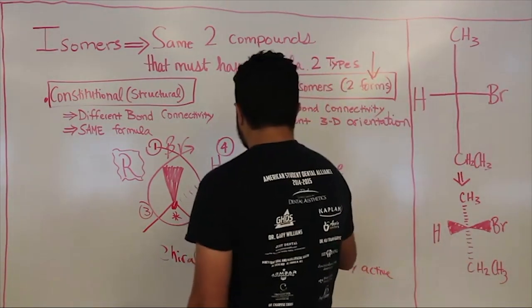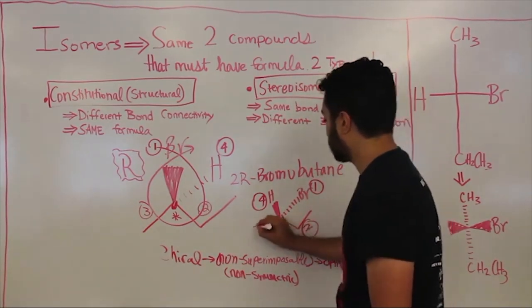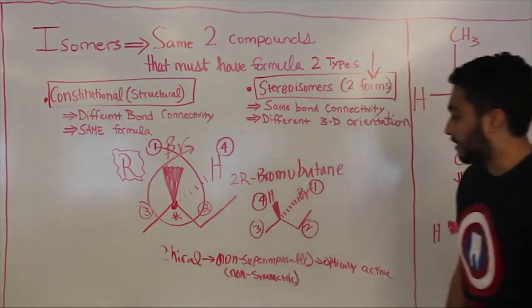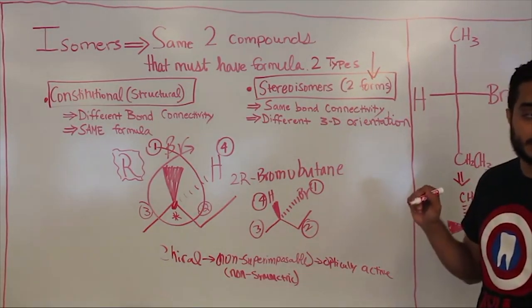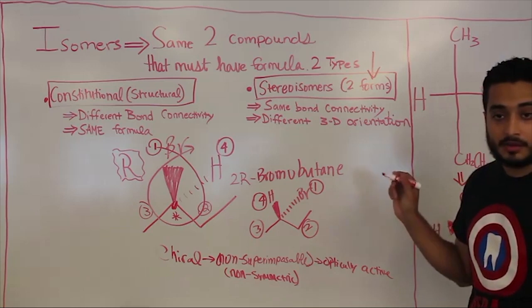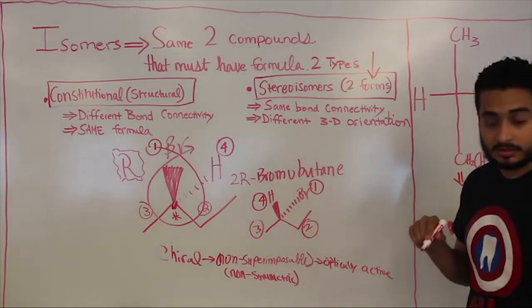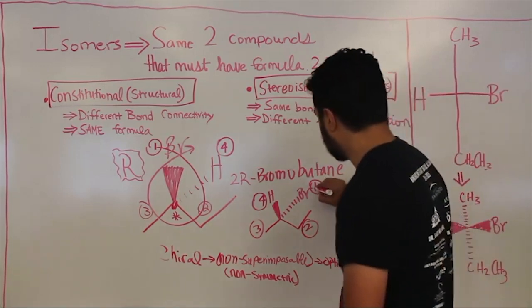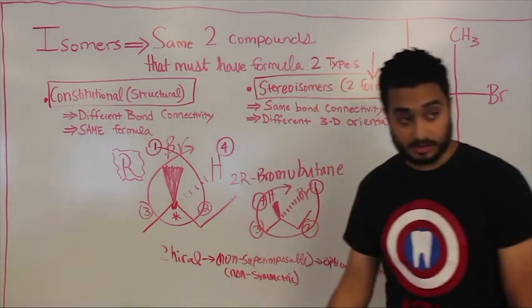So we know that the hydrogen's on the fourth, bromine's on the first, this one's on the second, this one's on the third. Now, when I make my round going in chronological order, how would it look? R or S? If I make a complete circle, it's going to go like this. It looks like it's going to be R.